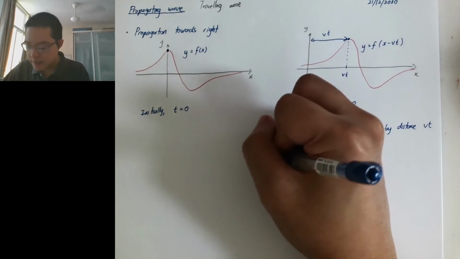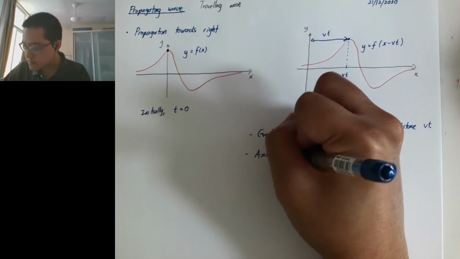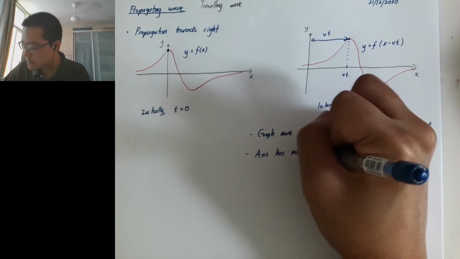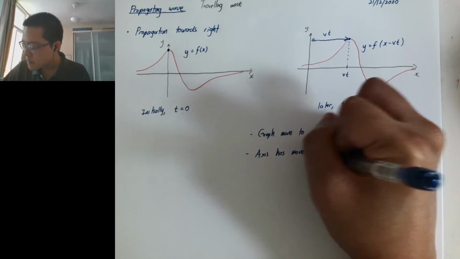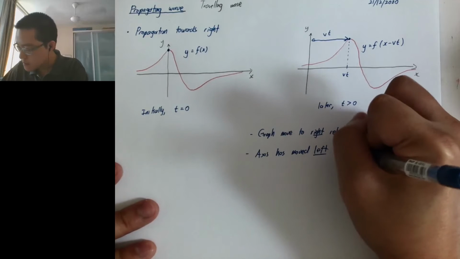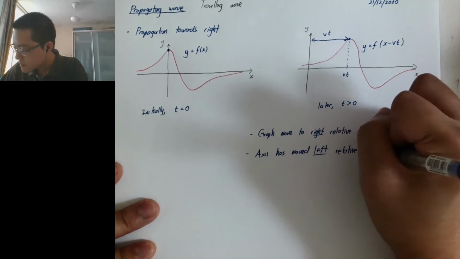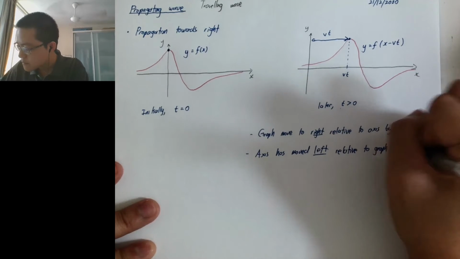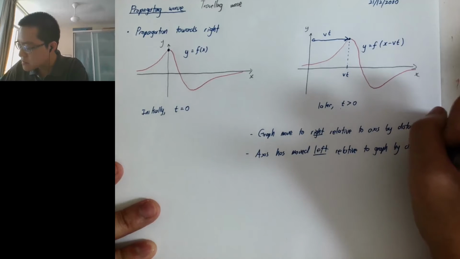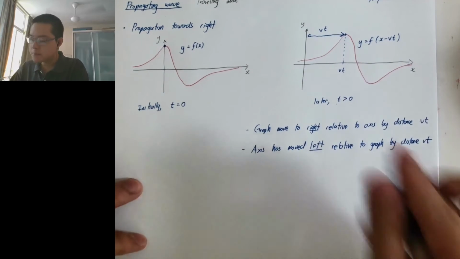So we say that the axis has moved to the left relative to the graph, by distance vt also. Okay, so vt is the magnitude, right?